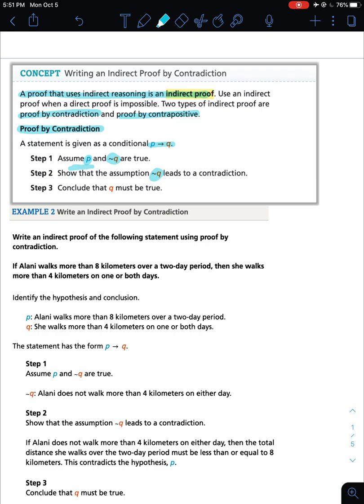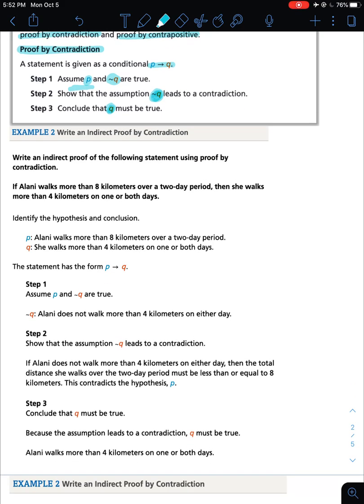The last step is to conclude that Q must be true. Because in step 2 not Q leads to something that can't be true, you state that your original conclusion has to be true, because the opposite can't be true.